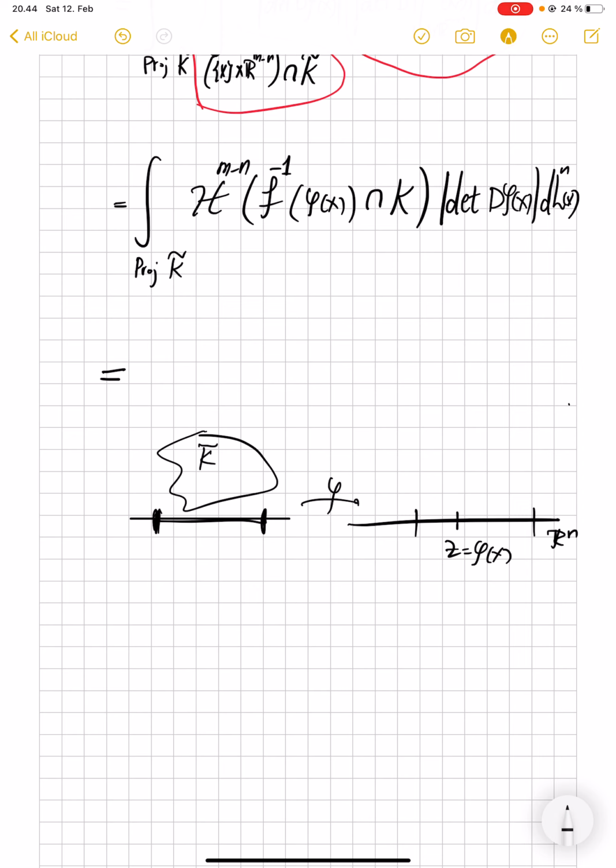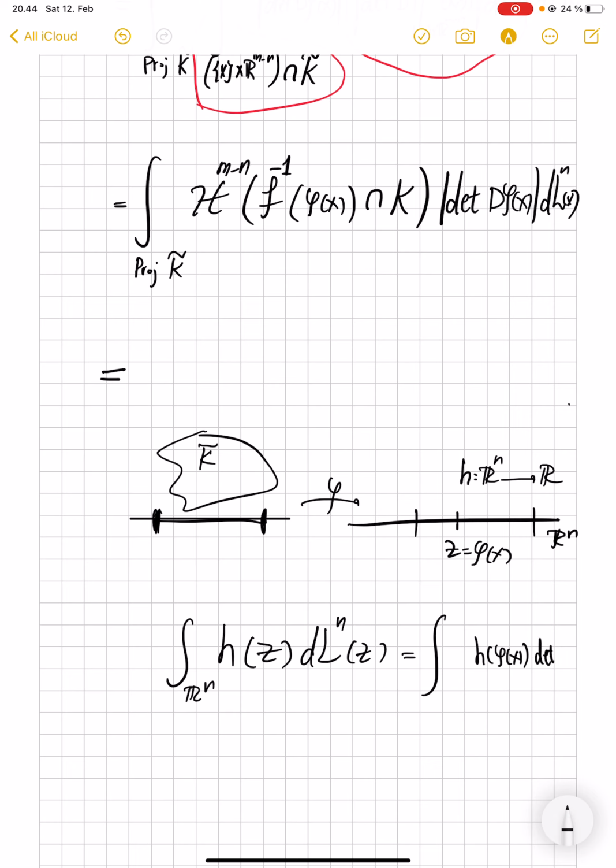The u substitution for integrals is saying that if I have a map h from here to R, then to integrate h(z) dL^n z, I can integrate using the change of variable z equal phi of x. Then this will be h of phi of x, then comes the Jacobian of phi, so d phi of x, dL^n x.